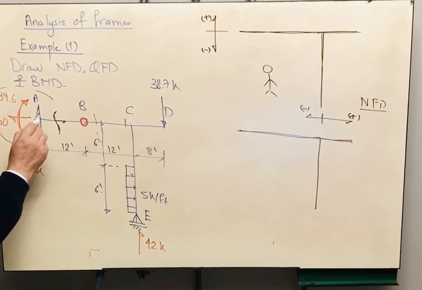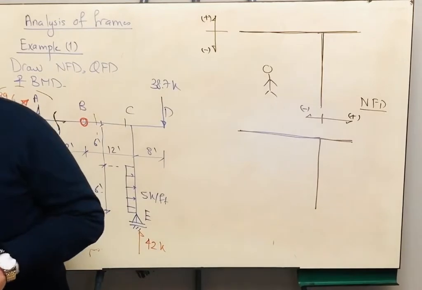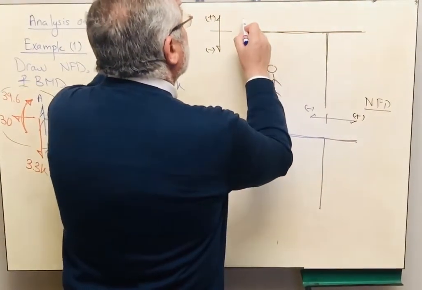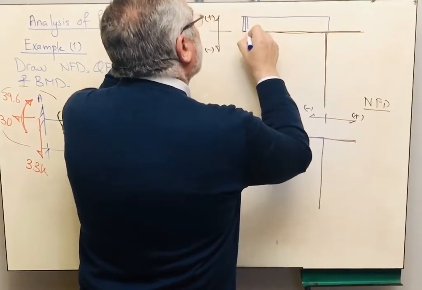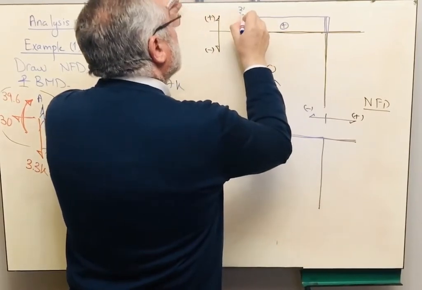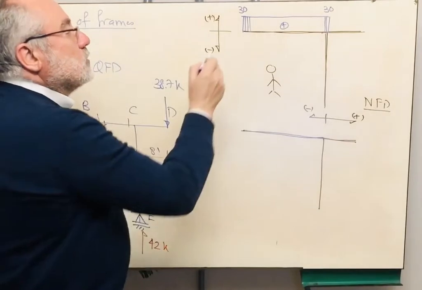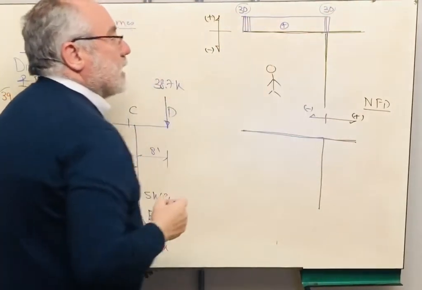Throughout the beam ABC, we are having positive normal force. So I'm going to draw here above the datum positive normal force, and its value will be 30. We have to elaborate on the magnitude of the normal on both sides of the diagram.